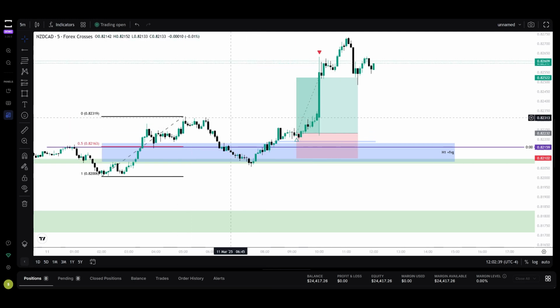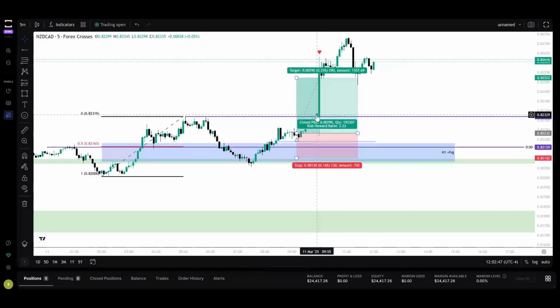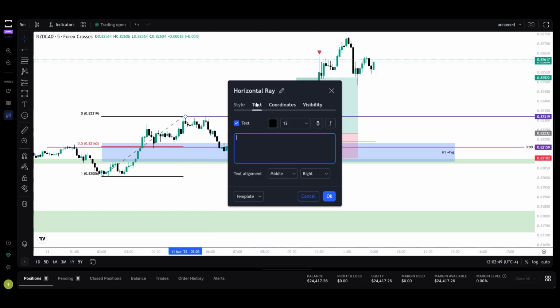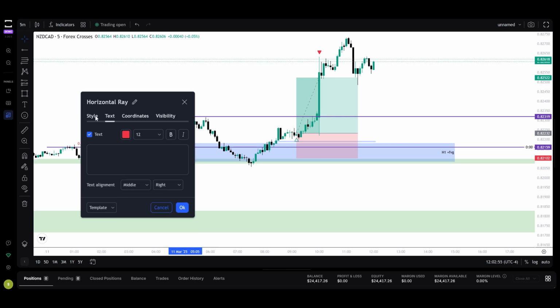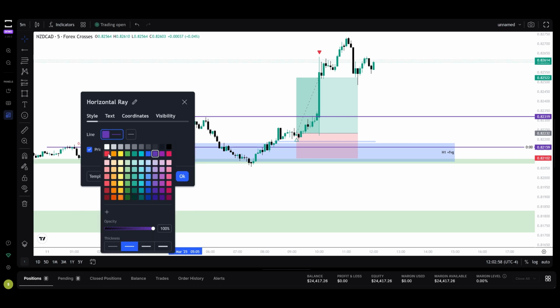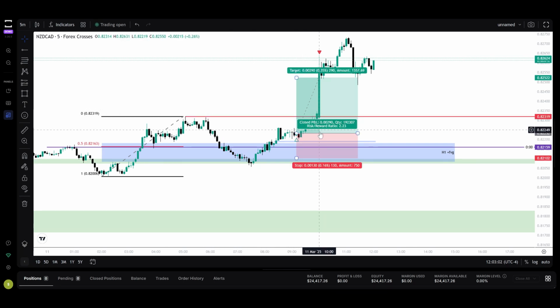Initially I was looking at these relative equal highs, and those got taken out prior to our high impact news event release. And then once those highs got taken out, price jolted back down. So that name was fitting for the delivery today.